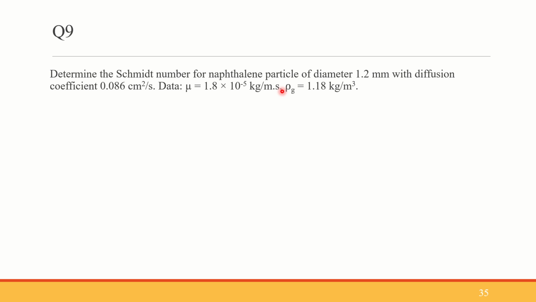I will give you a minute to find the answer. Before that, I will give you the options. Option A 1.77, option B 2.55, option C 3.98, option D 5.87. The diameter of the particles is 1.2 mm, the diffusion coefficient is 0.086 centimeter square per second, and the viscosity and density of gas are given.